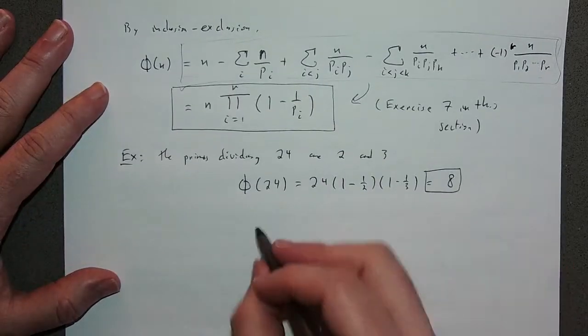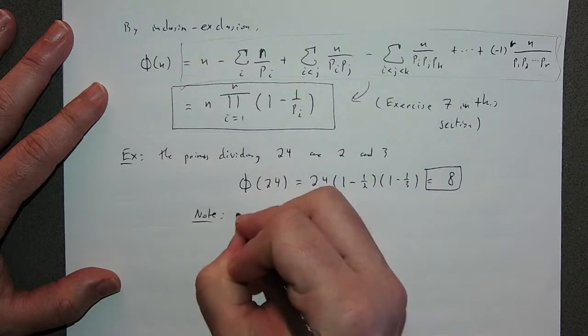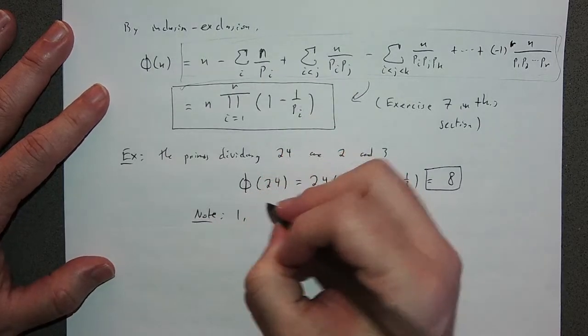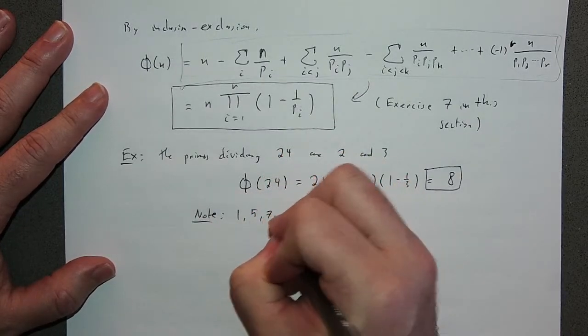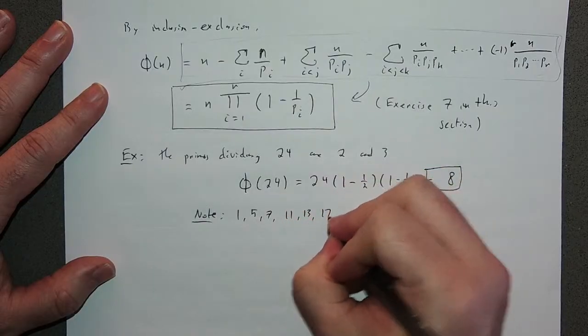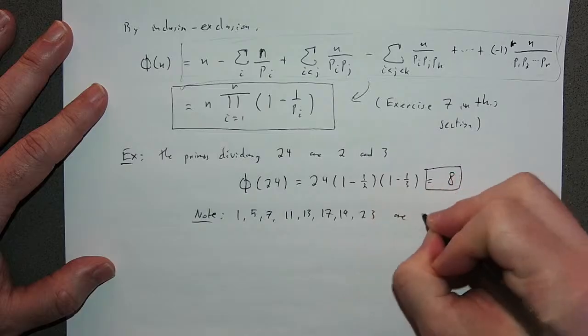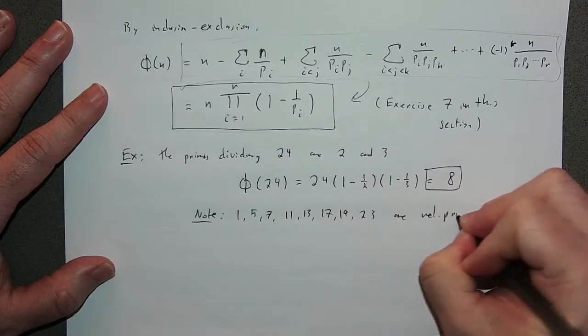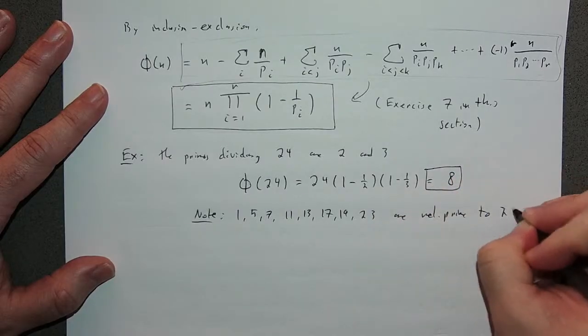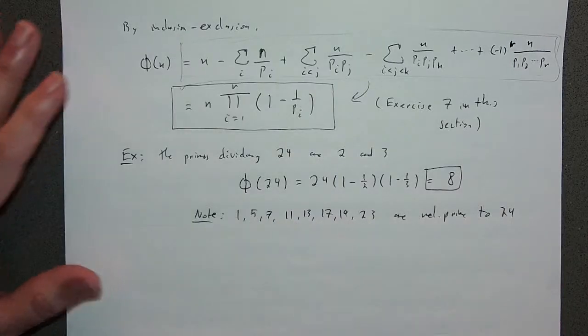Note 1, 5, 7, 11, 13, 17, 19, and 23 are relatively prime to 24, and there's 1, 2, 3, 4, 5, 6, 7, 8 of those.